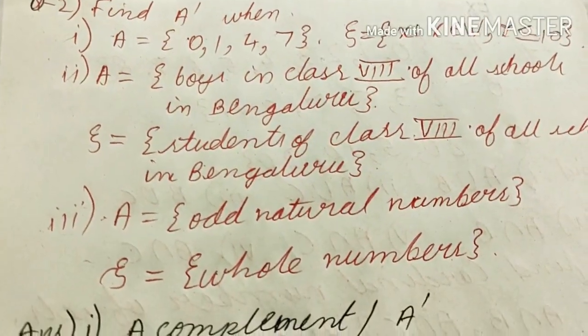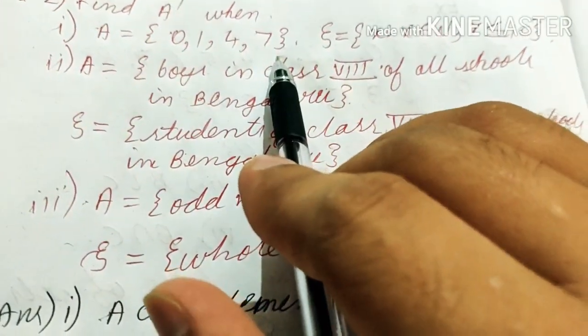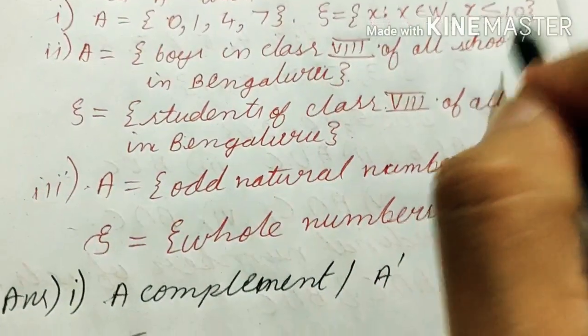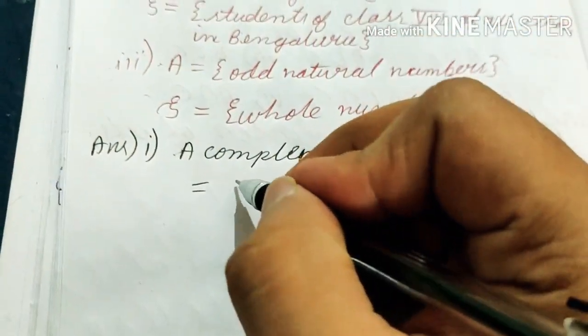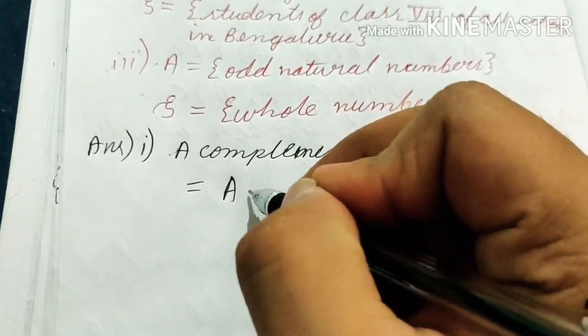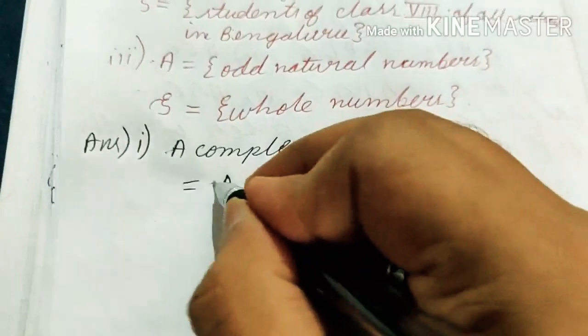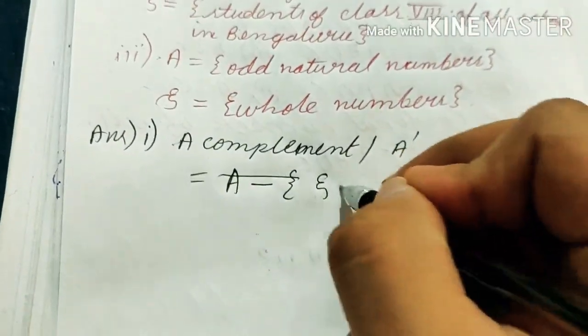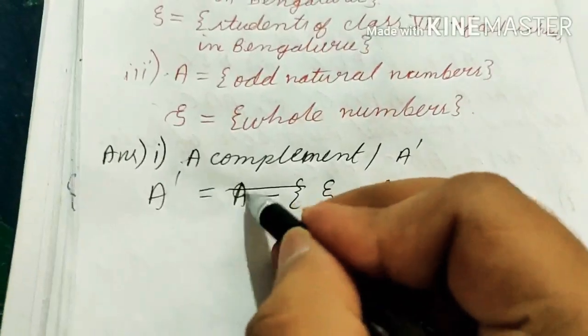Our next question here is we have to find A's complement when set A is given and a universal set is given. What is the complement? Complement always means universal set minus A. This means A's complement.